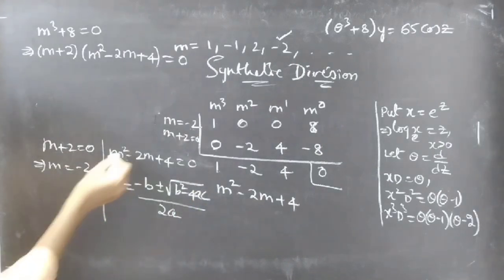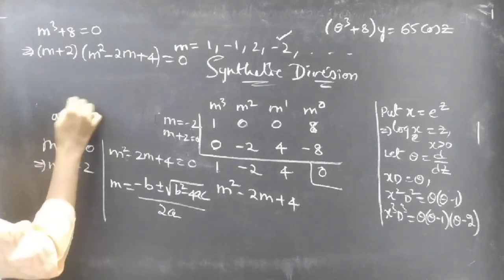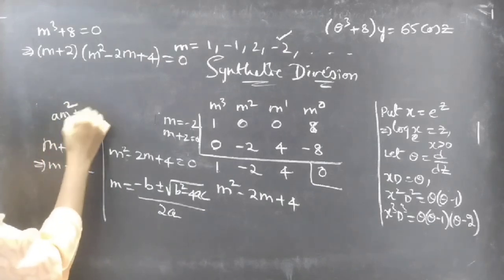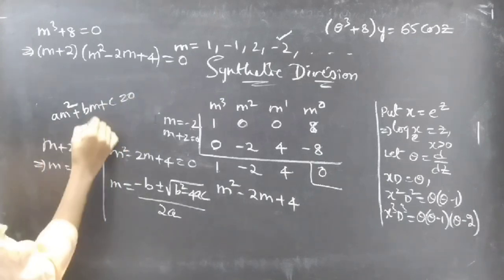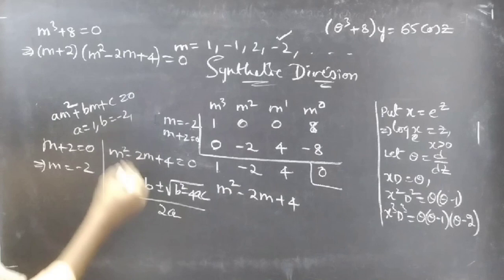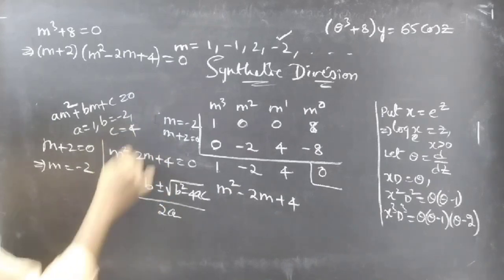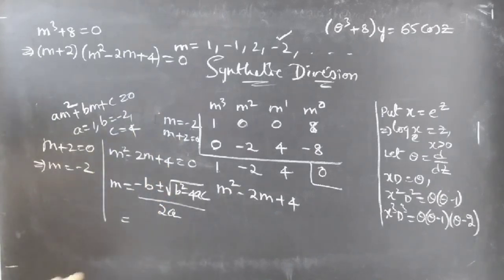Just compare this equation with the quadratic equation in m. Then we'll get a = 1, b = -2 and c = 4.